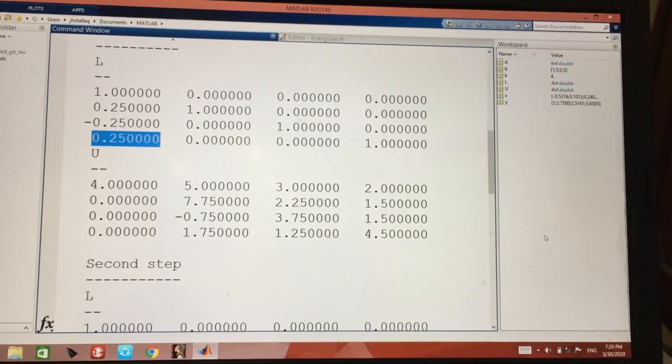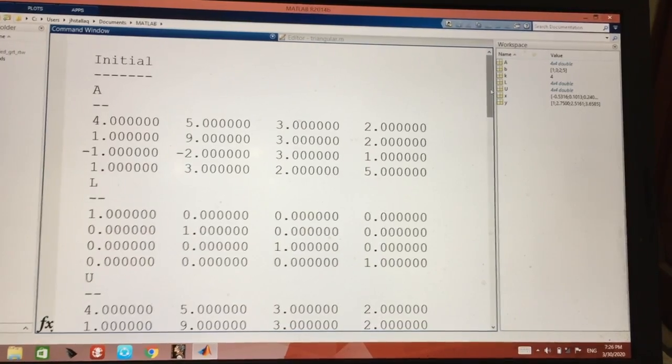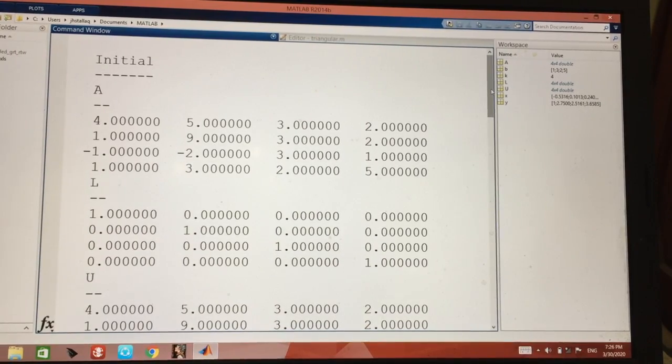Then we come to the second row here, A2 row is equal what? Go back to the second row from the A matrix. Let me just do it in MATLAB there. Let's see, this 1, 9, 3, 2.